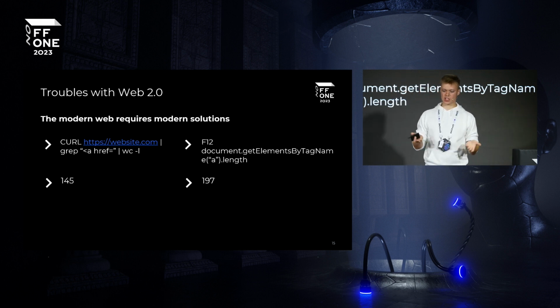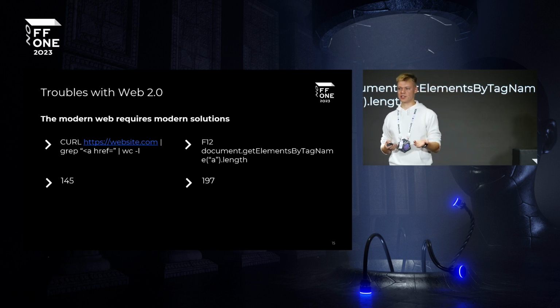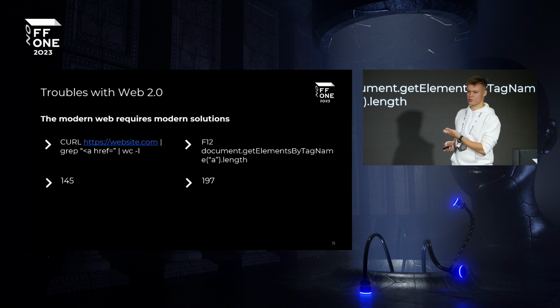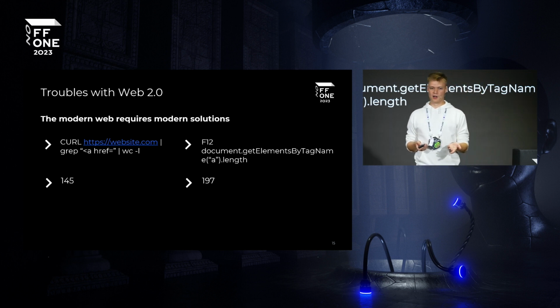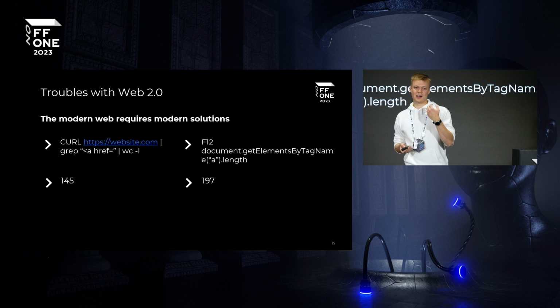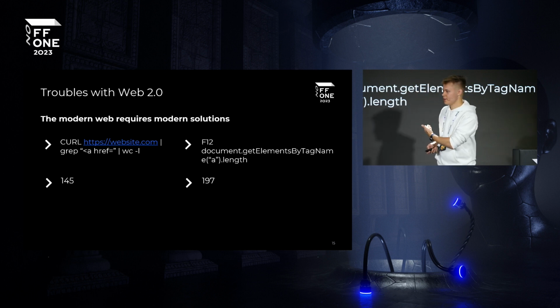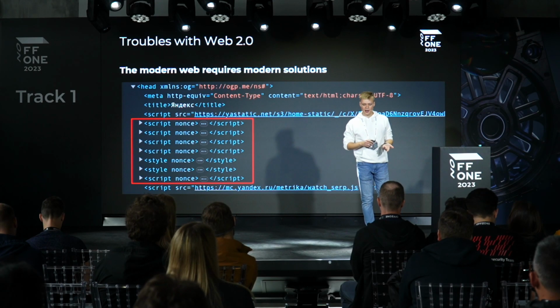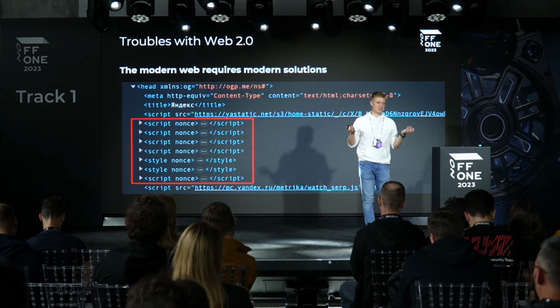I loaded the page in the browser, and then via the developer panel, I requested the number of links, and I was surprised to find 197 links. So originally it was 145. I thought it would be different, but to be that much different, more than 35%, I wanted to find out why this was happening.